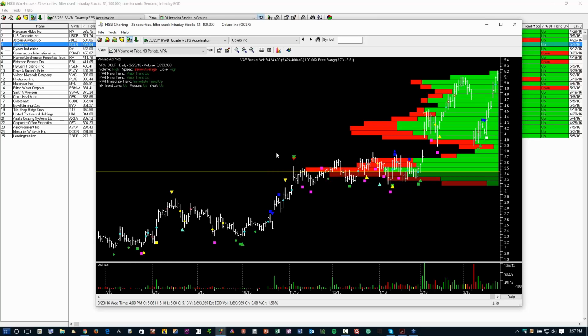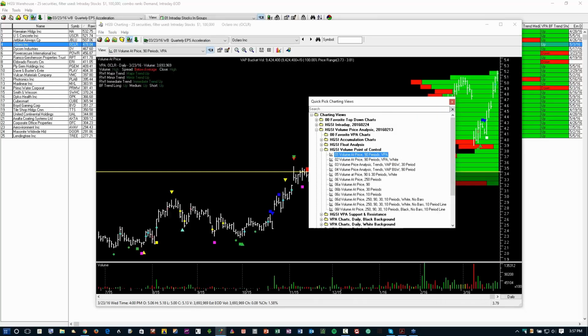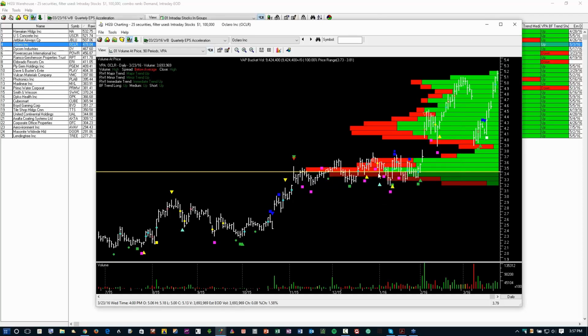This is the first one right here, volume point of control. In addition to the volume point of control, which is the yellow line here, and this is 90 days, I have put the VPA indicators in here because they really do work well together.